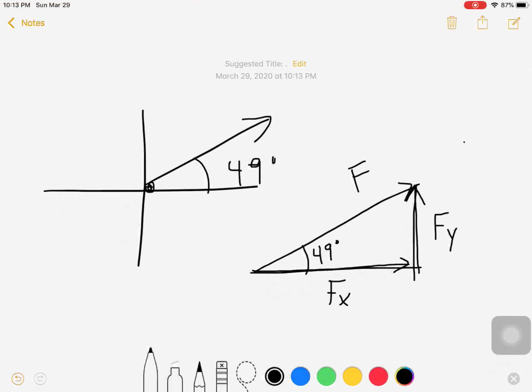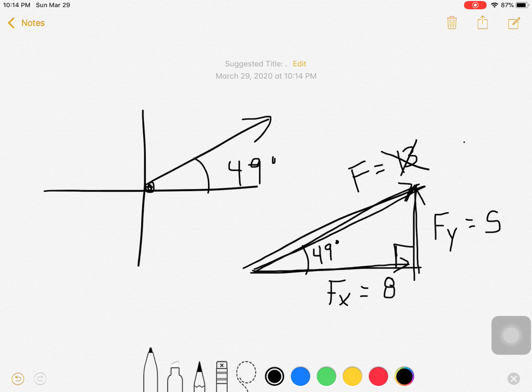Now, one thing I do want to point out here is if, say, F sub x was 8 and F sub y is 5, we cannot just say that F is 13. That's not true. All right. But the reason for this is when we have right triangles like this, the way that we find the hypotenuse is not by adding together the two legs of the triangle. We have to use the Pythagorean theorem.